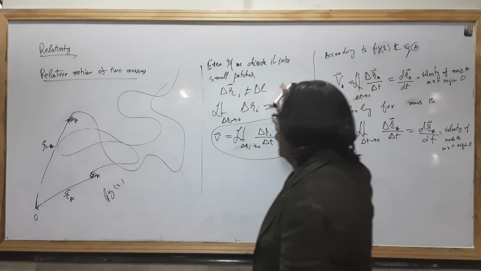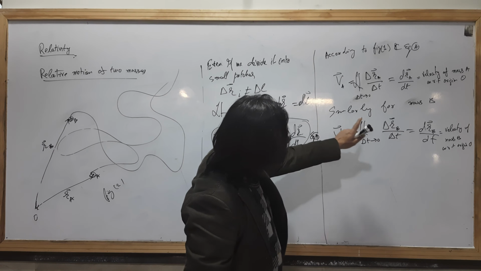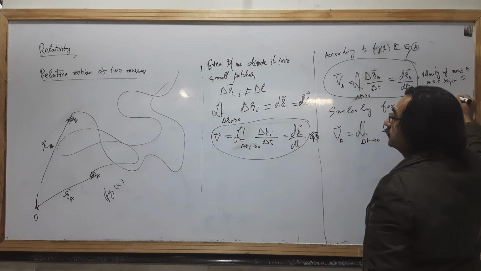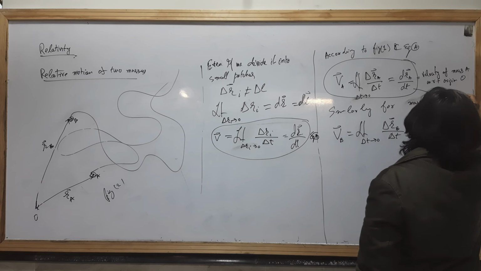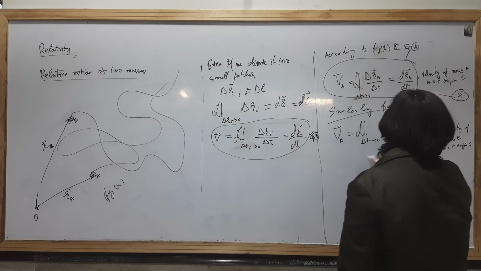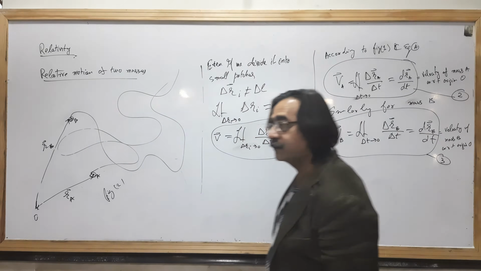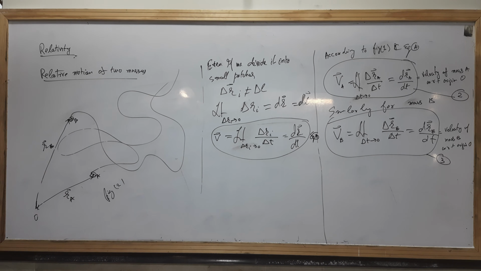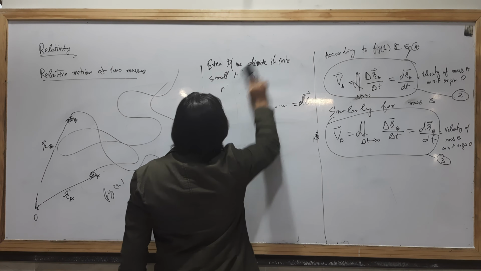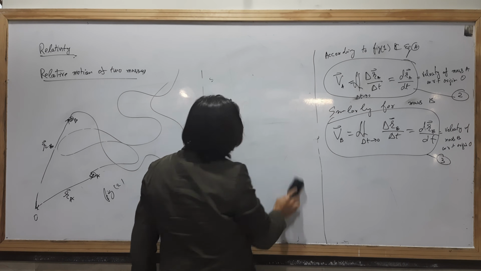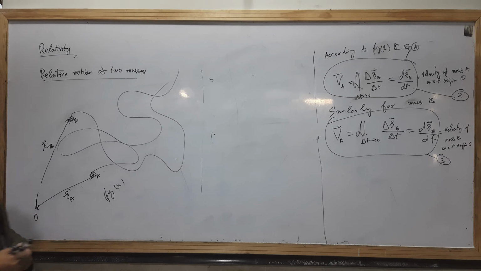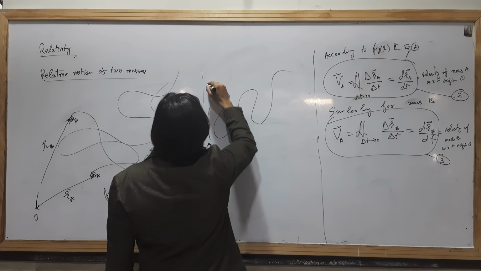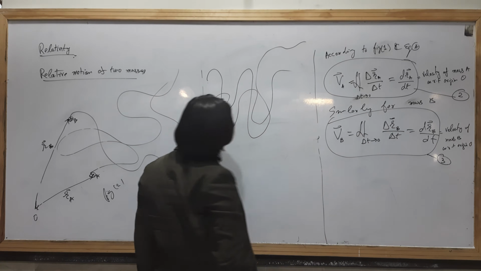Now this is according to O. If I say this is equation 2 and this is equation 3, if we observe this closely, A is moving freely, this is A, and B is moving freely.